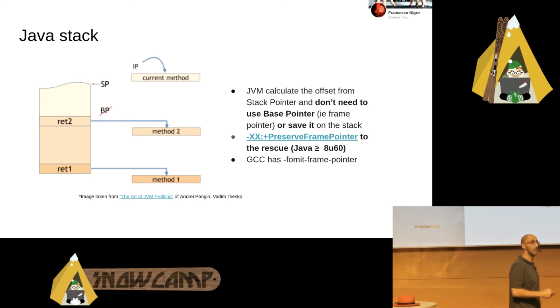Indeed, Brendan Gregg, a performance guru of Netflix, has created a patch that allows, from Java 8 update 60, to force Java to preserve the frame pointer. It means that when you provide this kind of argument, you are able to ask perf, finally, to get you your methods. It's not that simple, but it's deep enough to let you understand how it works.